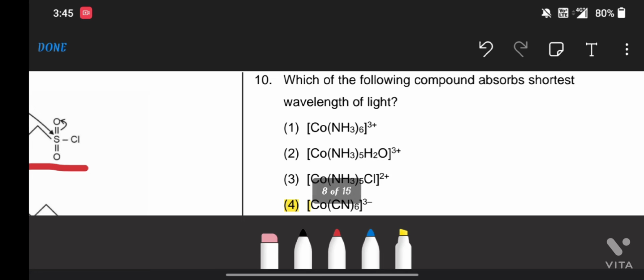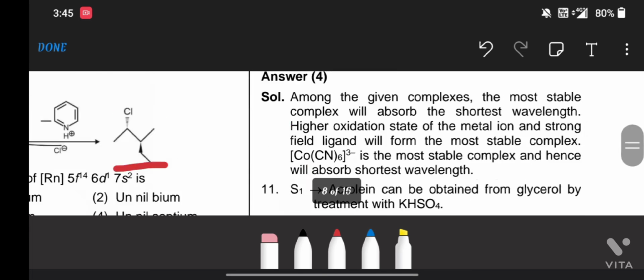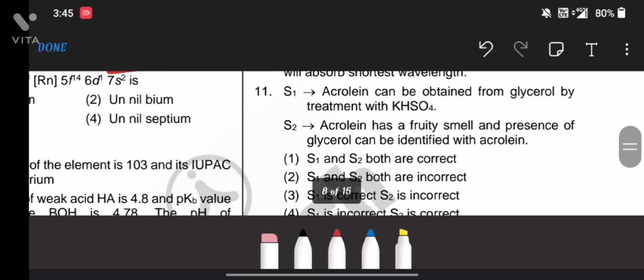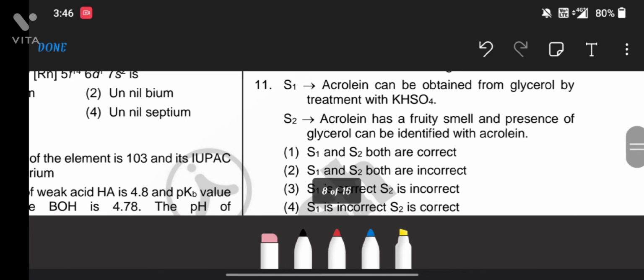Now moving on to the next question, question number 11. Here they have given S1: acrolein can be obtained from glycerol by treatment with KHSO4. S2: acrolein has a fruity smell and presence of glycerol can be identified with acrolein.